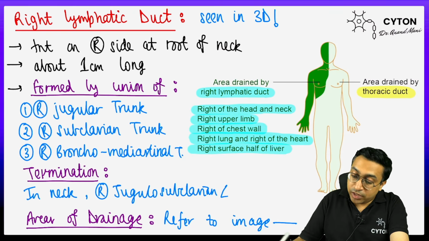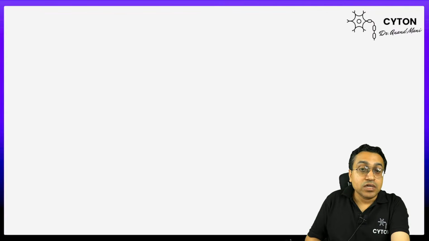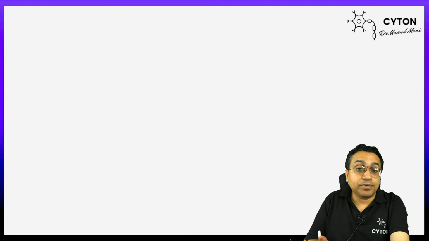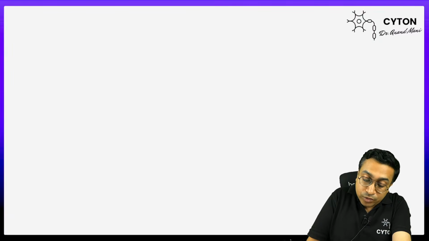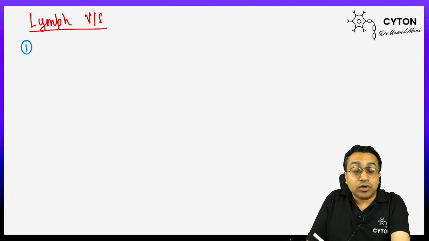Then we come on to the next topic, that is the superficial and deep lymph vessels. Okay, so lymph vessels can be further divided into 2 categories according to the locations.